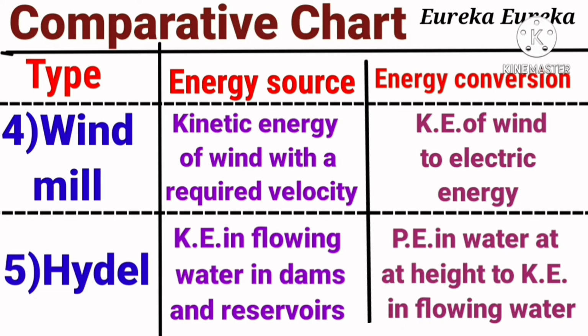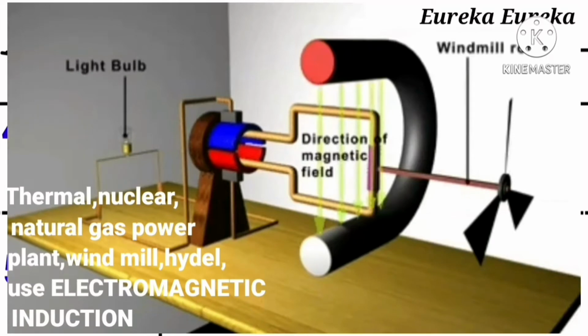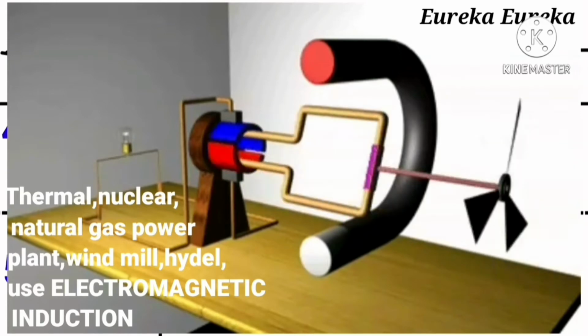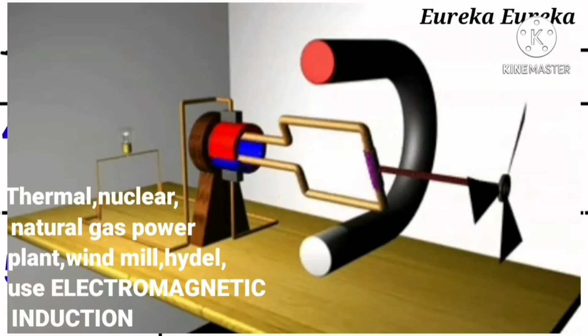Here the potential energy in water which is at a height is converted into kinetic energy in flowing water, and then electrical energy is generated, and again the principle used here is electromagnetic induction.